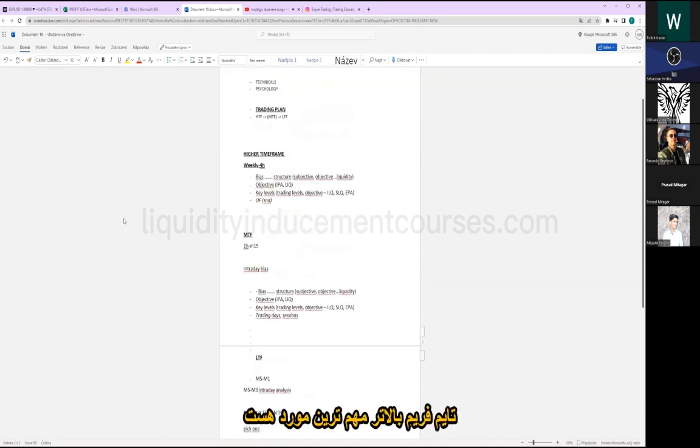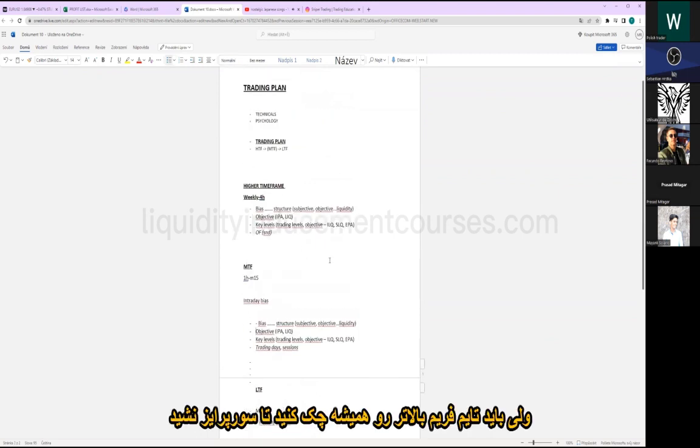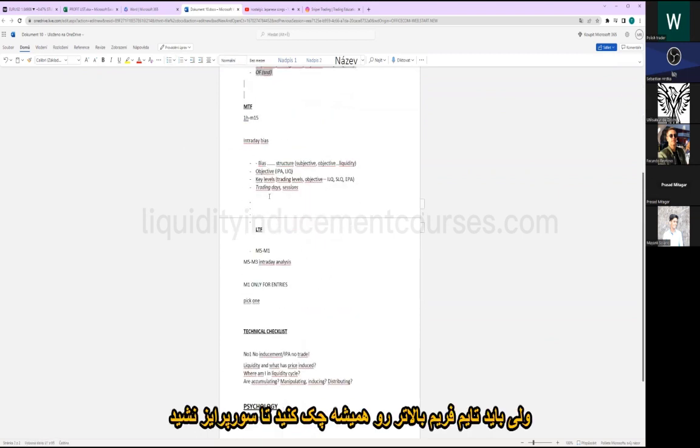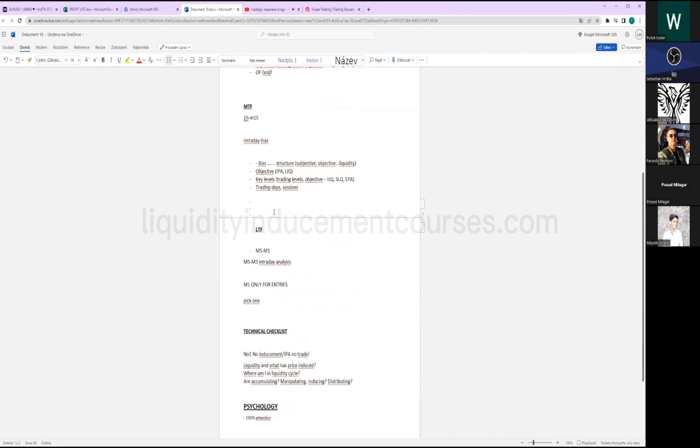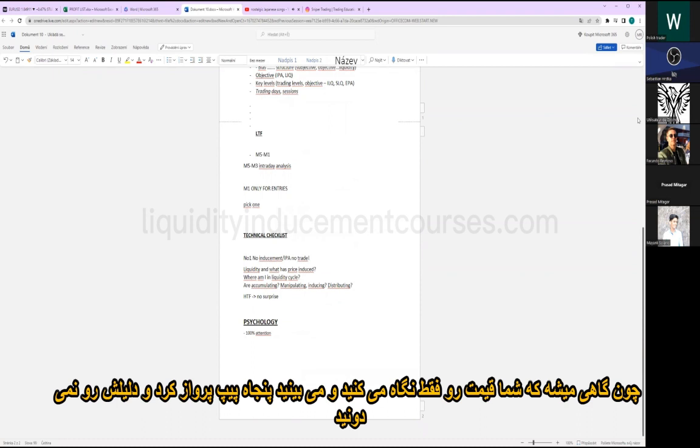Higher time frame is the most important, but intraday MTF is enough. But you should always check a higher time frame to get no surprises. Because sometimes you just watch price and then price flies 50 pips and you don't know why.